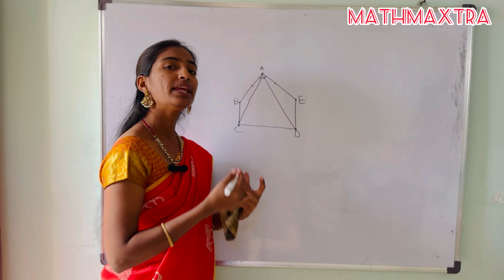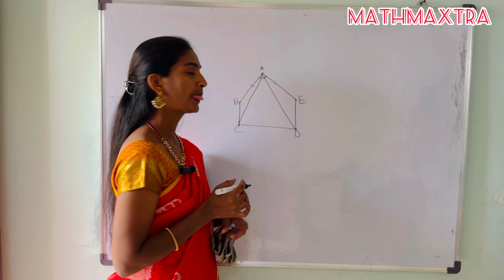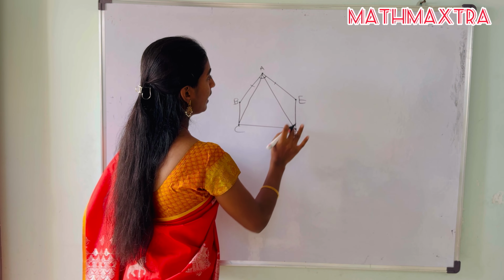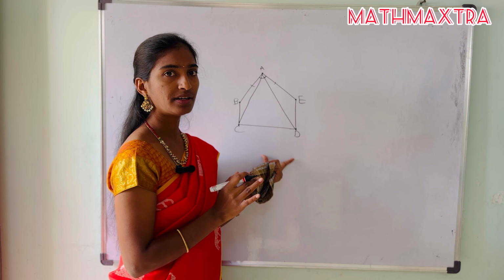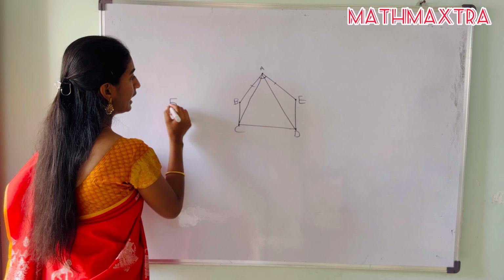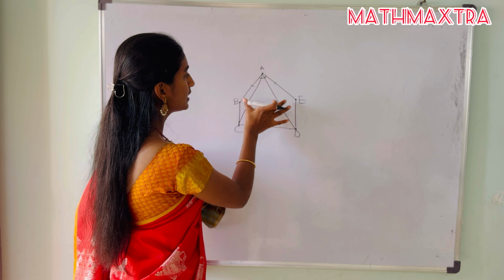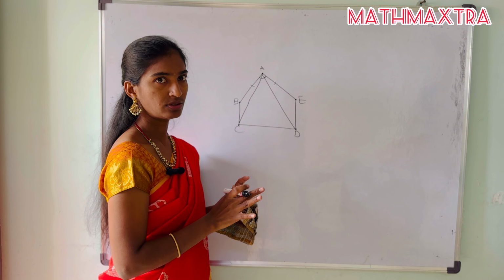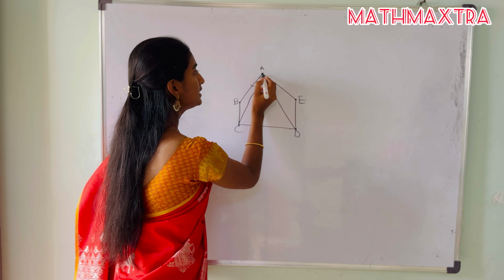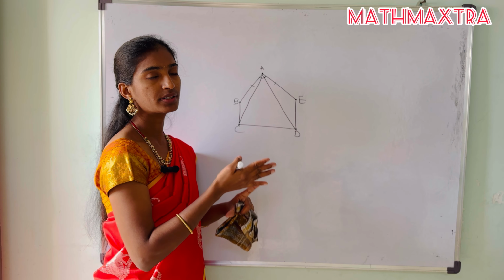Then how many diagonals are possible in a polygon? See, how many vertices are there in this pentagon? 5 vertices are there. Among these 5 vertices, you are leaving the two adjacent vertices, and you are leaving the vertex itself, whichever vertex you are considering.